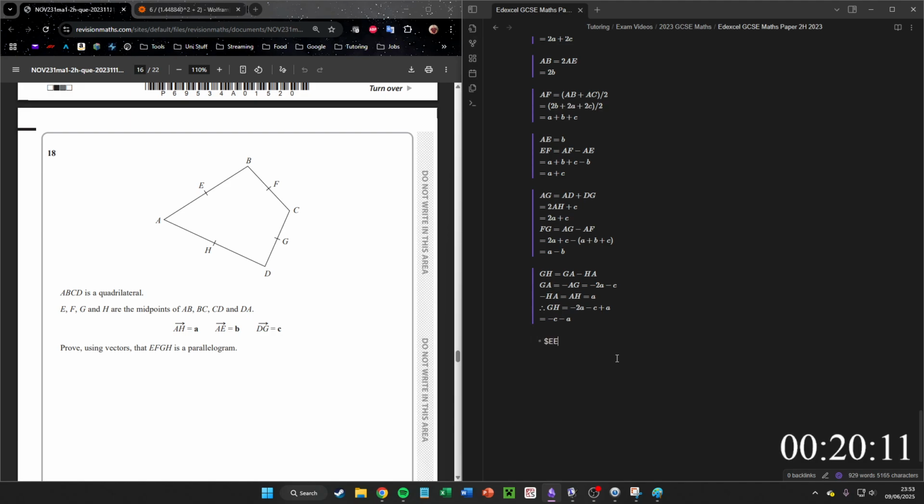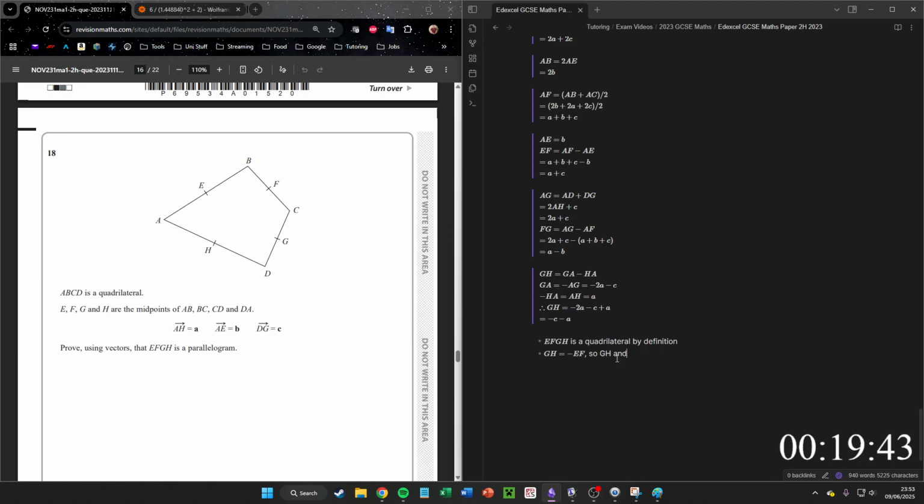We need to make two distinct points. EFGH is a four-sided shape by definition. And then we know that GH is equal to minus EF.